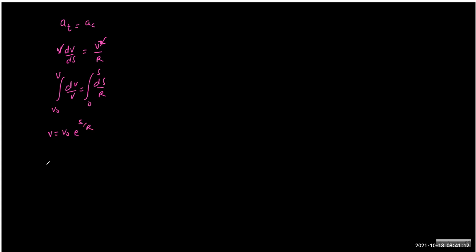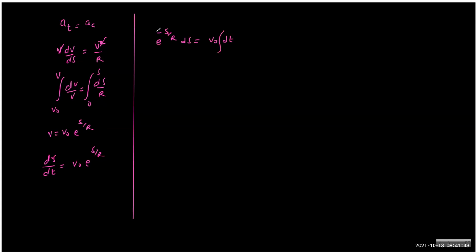But we are looking for time, so we can just write v as ds by dt, and we are done. You can see that we have done it in one line, in very few lines. So now the s term we have to bring to one side, so we can write e power minus s by r into ds is v naught dt. That's it. And then you integrate from 0 to s, and this is time.